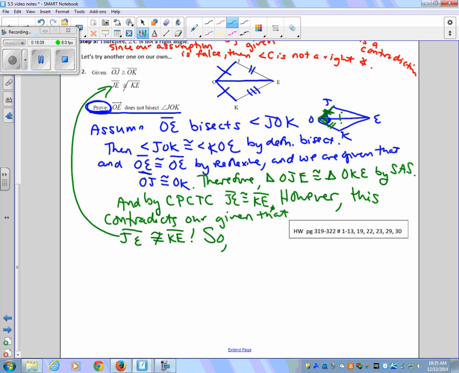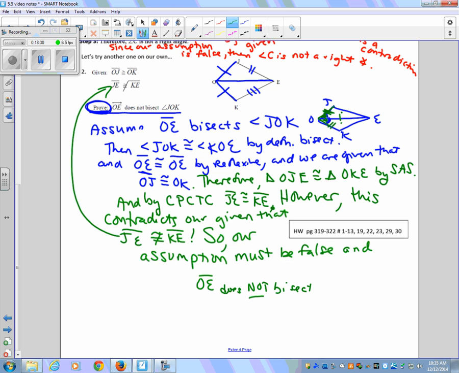So, our assumption must be false, and OE does not bisect angle JOK. I want you to pay close attention to this last sentence.